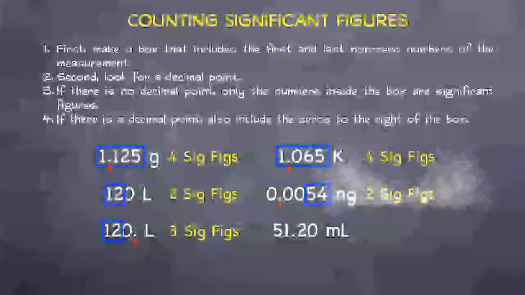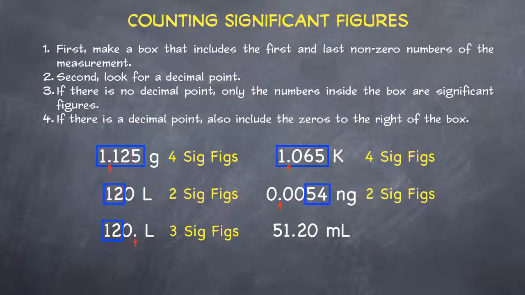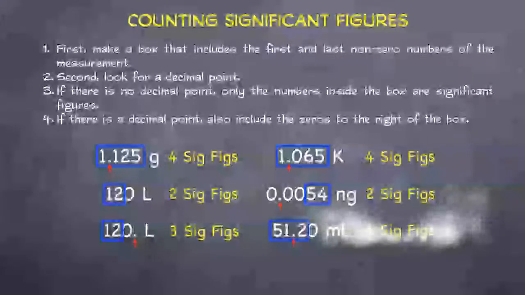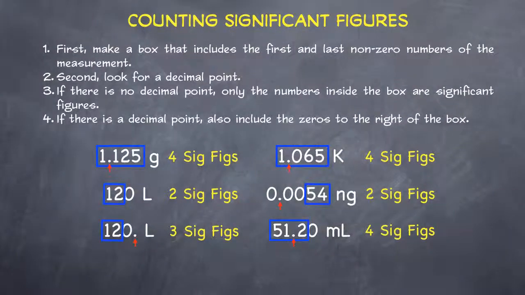So this measurement only has 2 significant figures. And lastly, we put the box around the 5 and the 2, and you'll notice that there is a decimal point, and there's a 0 to the right of the box, so that 0 has to count. This measurement has a total of 4 significant figures.